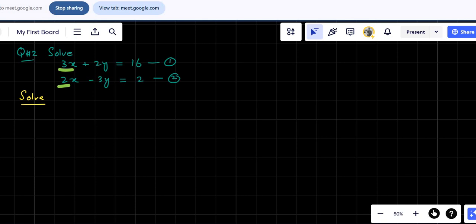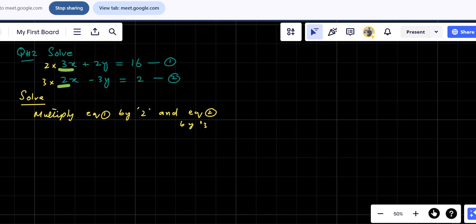If I multiply the first equation by 2, this coefficient will become 6, and this coefficient will become 6. So multiply equation 1 by 2 and equation 2 by 3. You got my point?